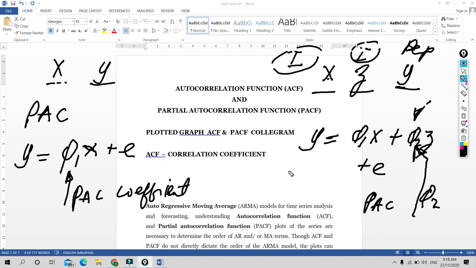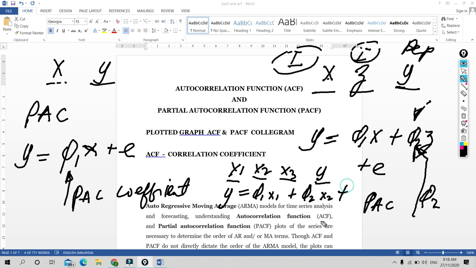Now if I have three variables, let's say I have x1, x2, x3, and y. My multiple regression can be written as y equals phi 1 x1 plus phi 2 x2 plus phi 3 x3 plus the error.